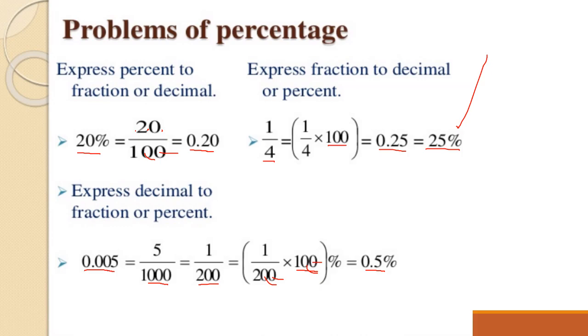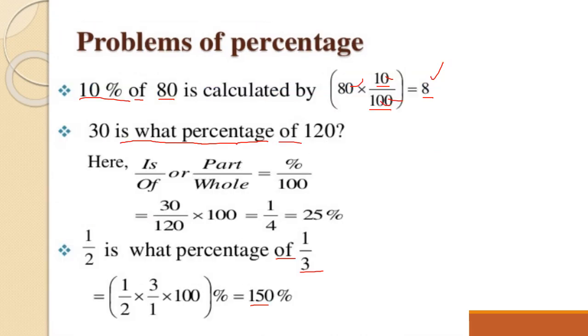As in other lessons, I have discussed practice. Whenever you see this video, you go for some questions and do some practice by yourself. Okay, the next question is 10% of 80 is what? We need to find 10% of 80.